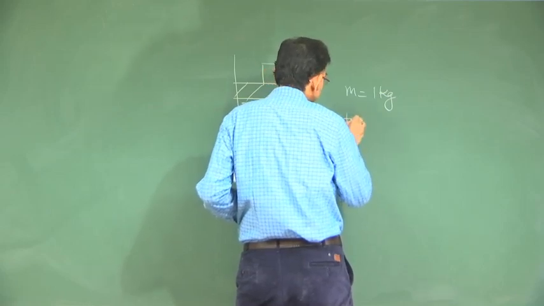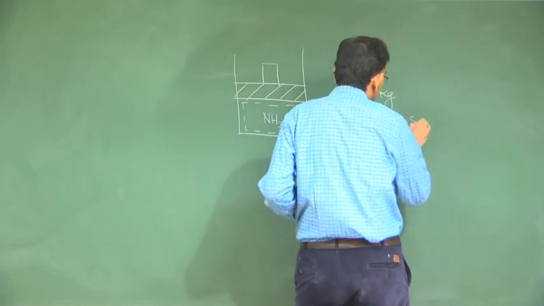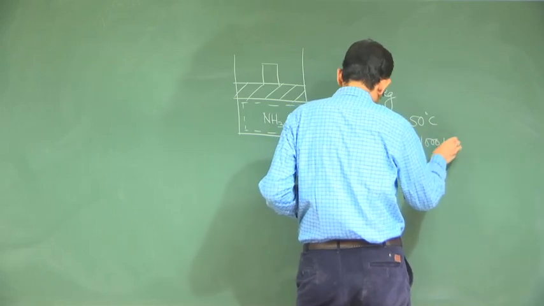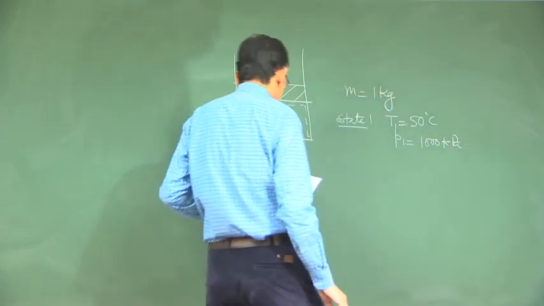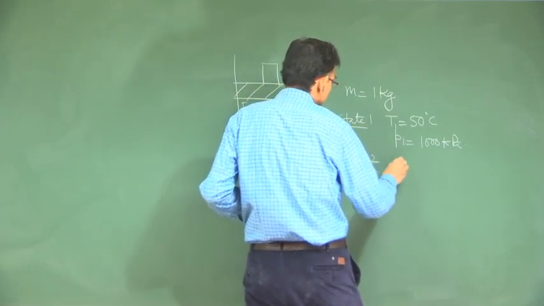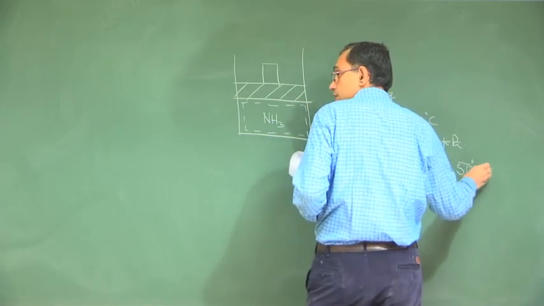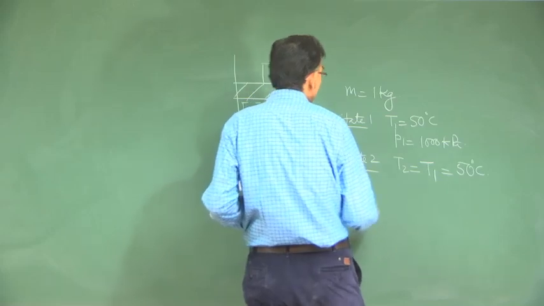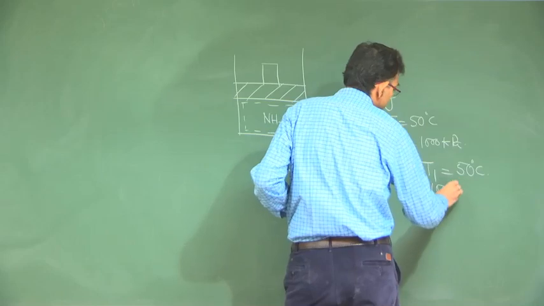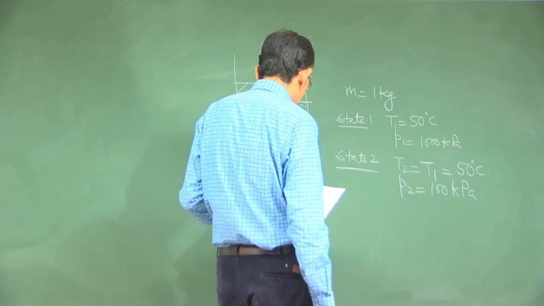So, state 1: T1 is equal to 50 degree centigrade, P1 is equal to 1000 kilopascal. It is expanded in a reversible isothermal process. So, T2 is equal to T1, which is 50 degree centigrade, and P2 is 100 kilopascal. Find the work done and the heat transfer.